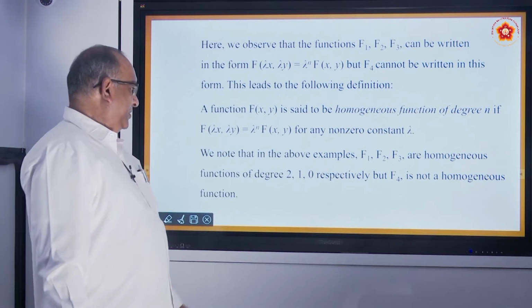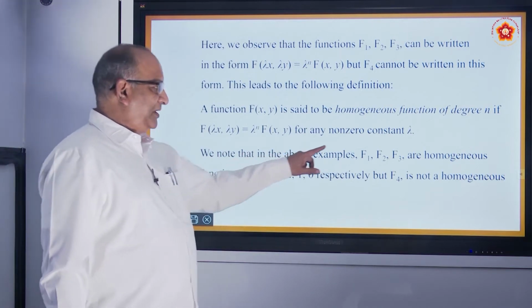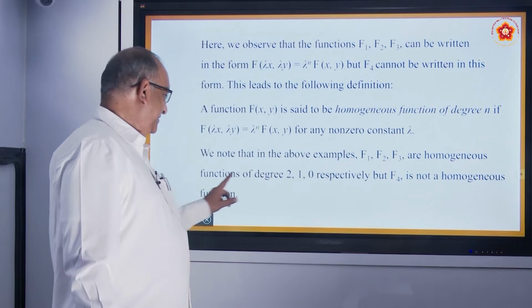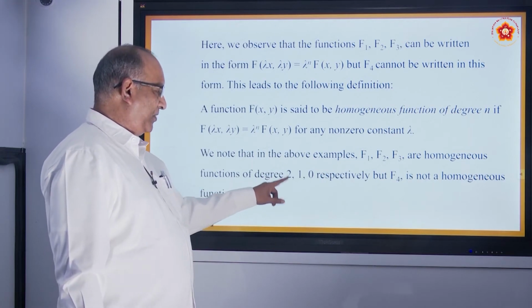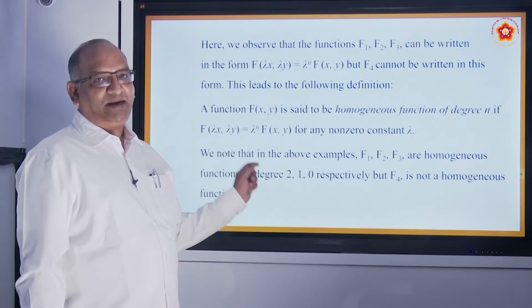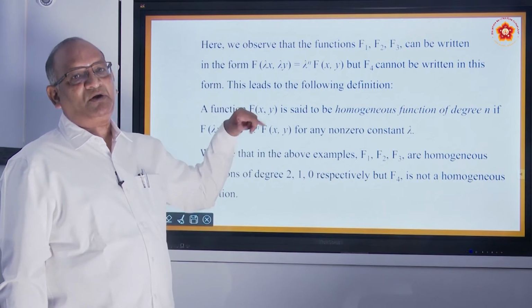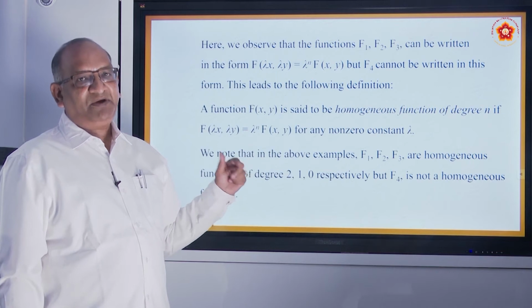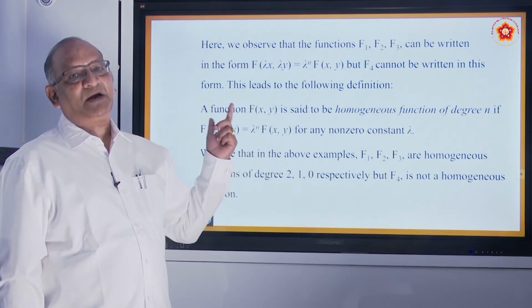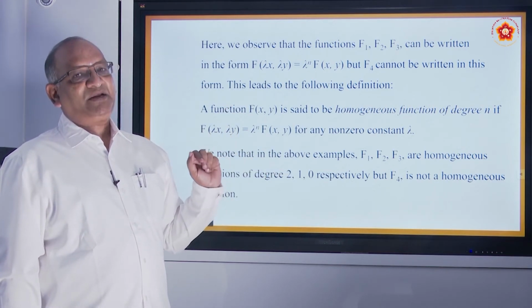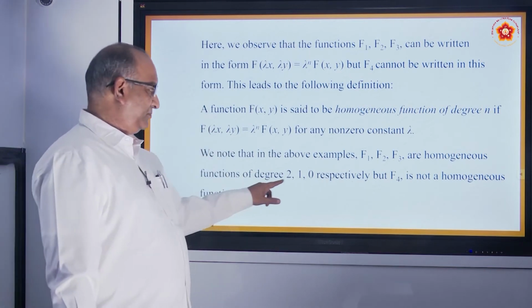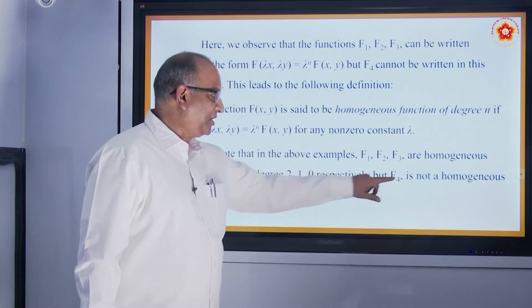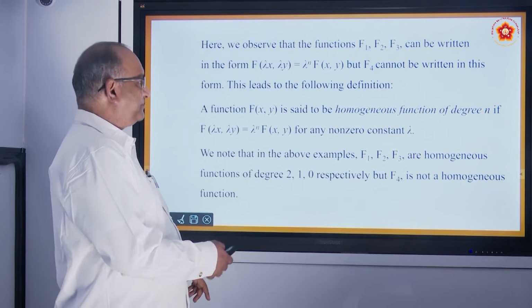We know that in the above example, f1, f2, f3 are homogeneous functions of degree 2, 1 and 0. Why do we say 2, 1 and 0? Because in the first one we got lambda square, in the second one we got lambda, and in the third one we didn't get anything, so we wrote it as lambda to the power 0. So the powers were 2, 1 and 0 respectively, but f4 is not a homogeneous function.